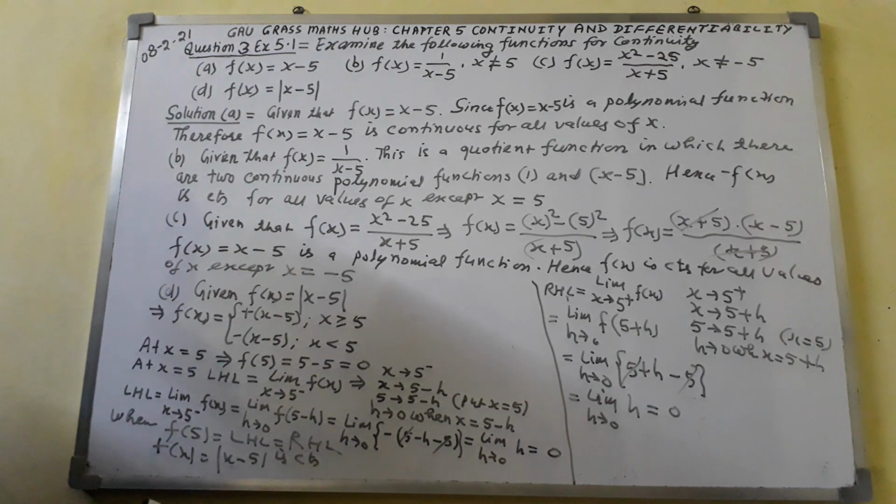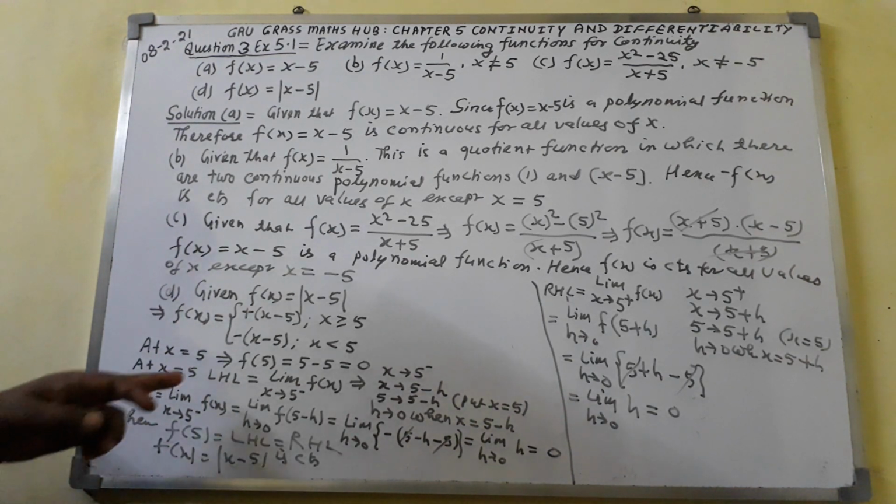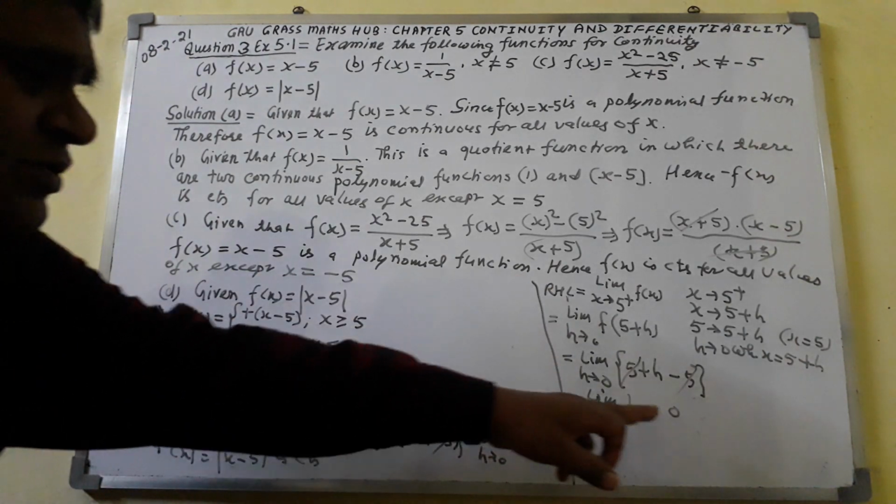That's all. f of x equal to mod x minus 5 is continuous because f of 5 equals the left hand limit equals the right hand limit, which comes out to be 0.